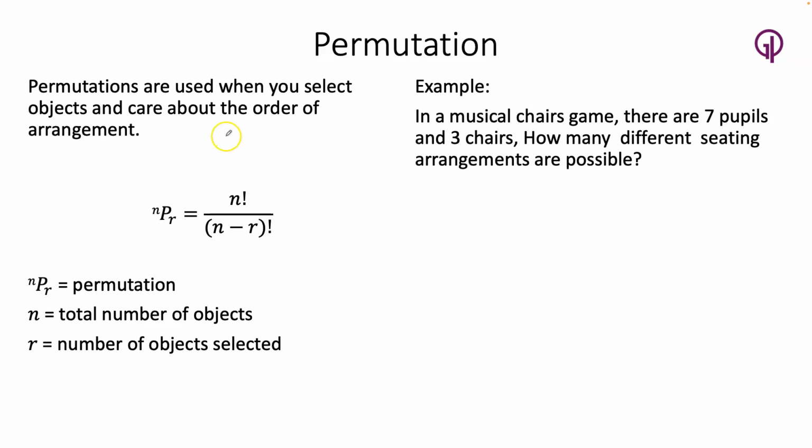Now permutations are used when you select objects and you care about the order of arrangements. Now we have this nice formula here, that really makes it very simple to solve permutation questions.